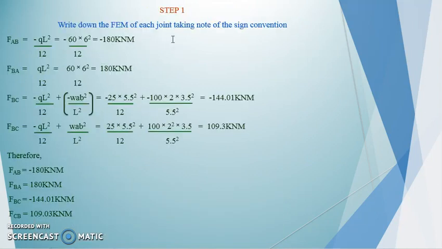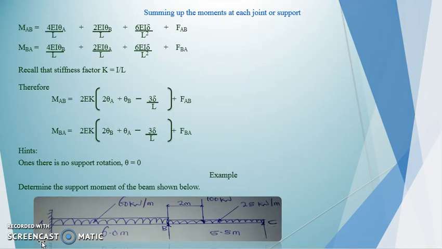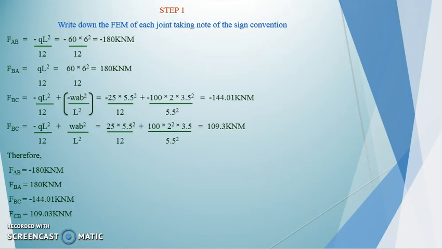First, step 1, write down the fixed end moment of each joint, taking note of the sign convention, whereby the clockwise moment is positive and the anti-clockwise is negative. So the fixed end moment AB, A to B, is minus QL squared over 12.